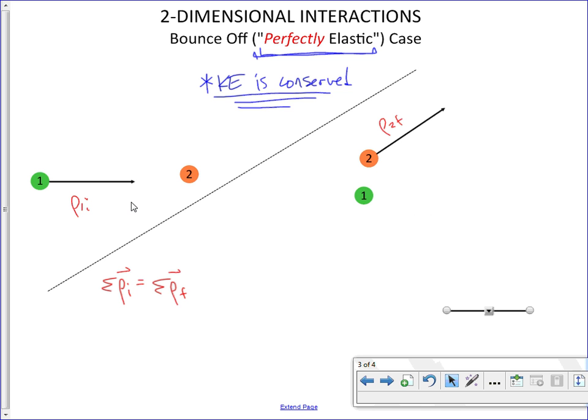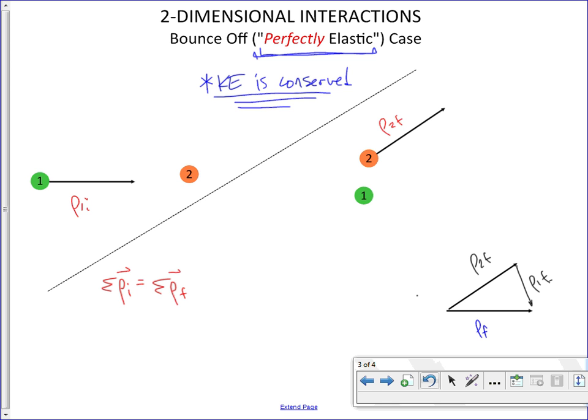So this is also the final momentum. And here's one of the final momentums. And so the other final momentum has to look like this. So here's P2 final, here's P1 final.